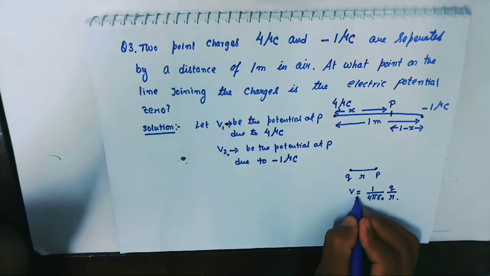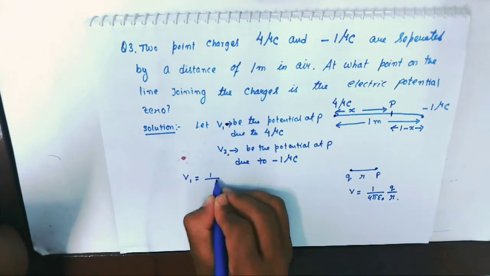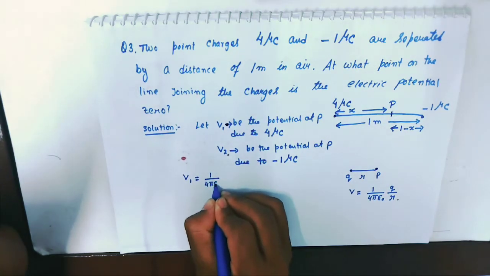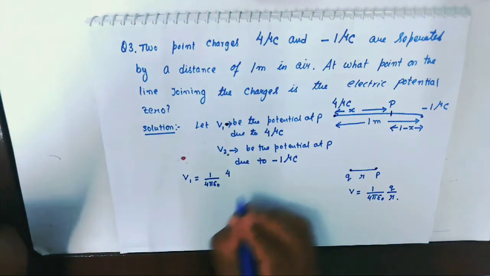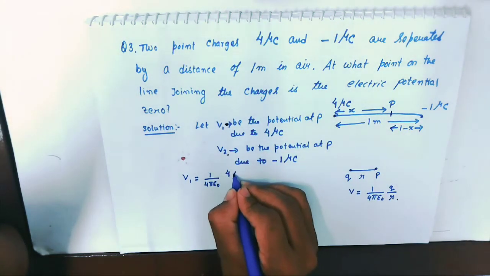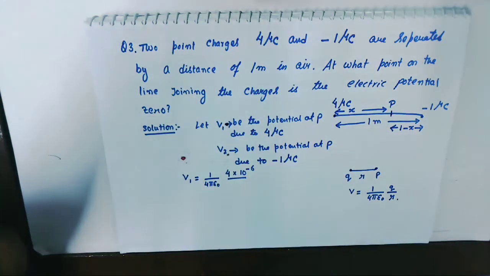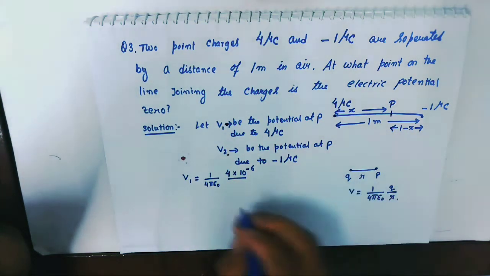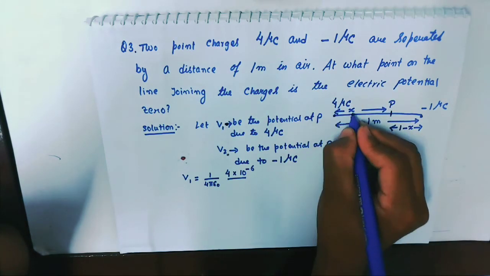If we use this formula, V1 is equal to 1 by 4 pi epsilon naught, the charge is 4 microcoulomb, 4 microcoulomb means 4 into 10 to the power minus 6, divided by the distance of point P from 4 microcoulomb, which is x.